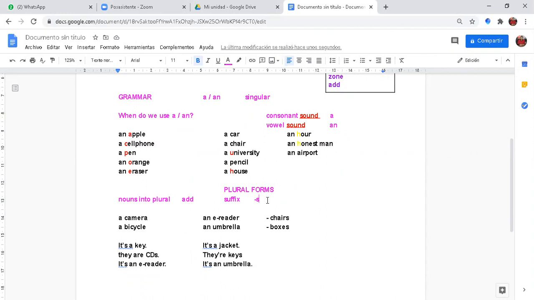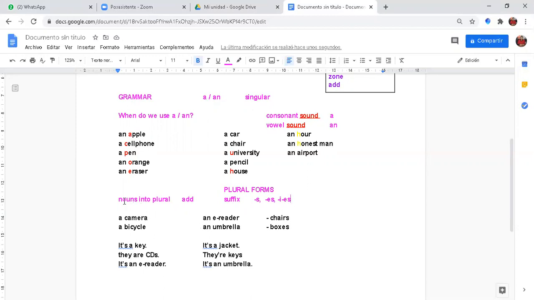A suffix that is s, or es, or ies. Those are the suffixes we use in order to pluralize some nouns.